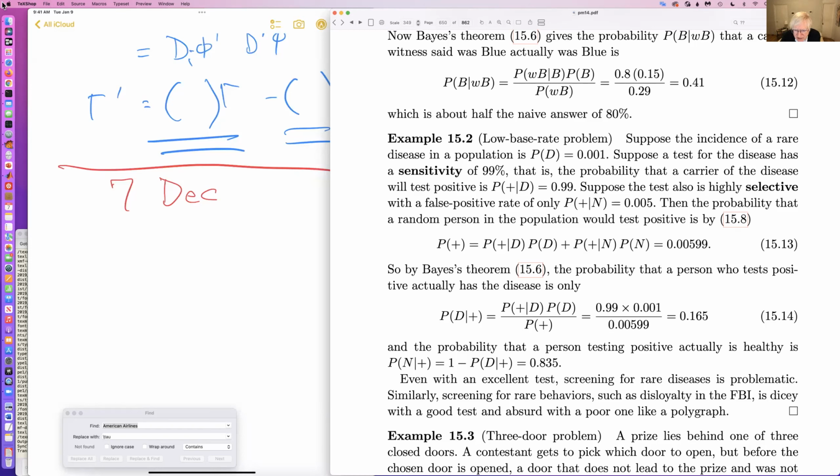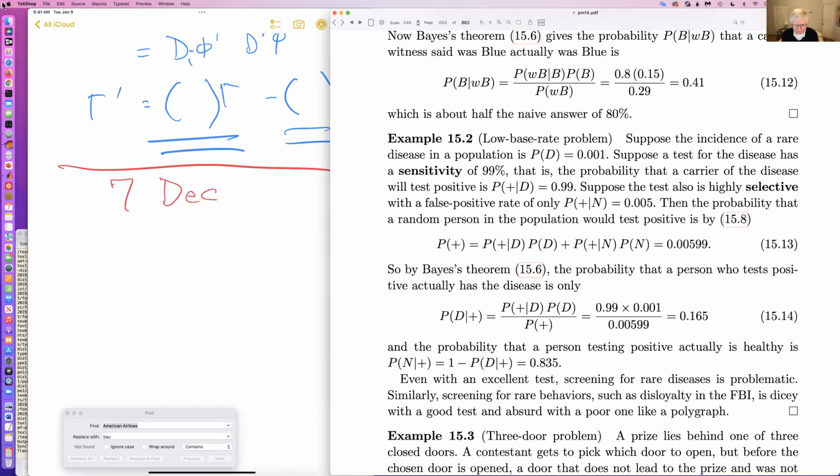The probability that a person is diseased, given that the person gets a positive test result, is only 0.165. And the probability of a person testing positive who is actually healthy is 0.83. So in other words, you've got a false positive rate of almost 84%.